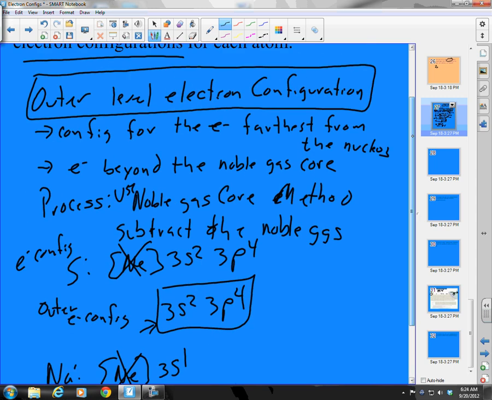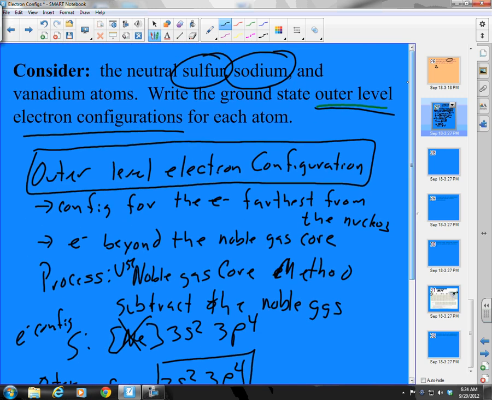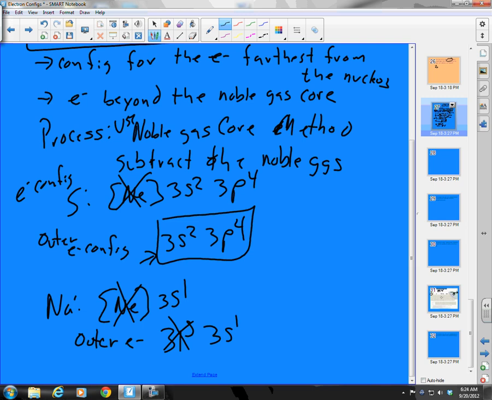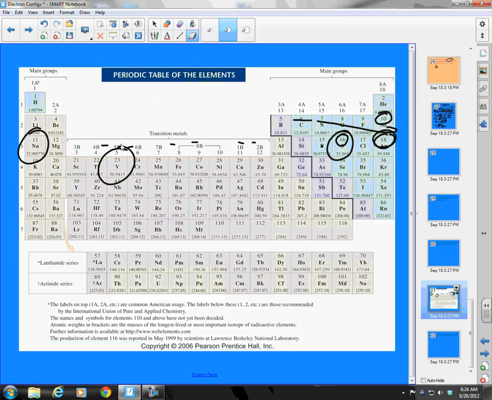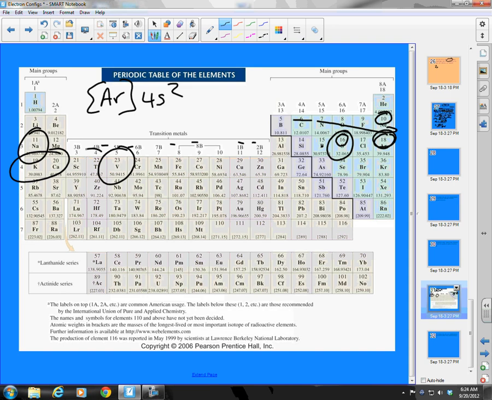And the last one, vanadium. Vanadium is right here. What's the previous noble gas? Argon. So I'm going to start with argon. After argon, I go through 4s2, and then 3d: 1, 2, 3.